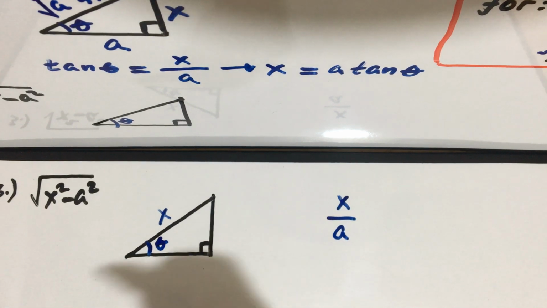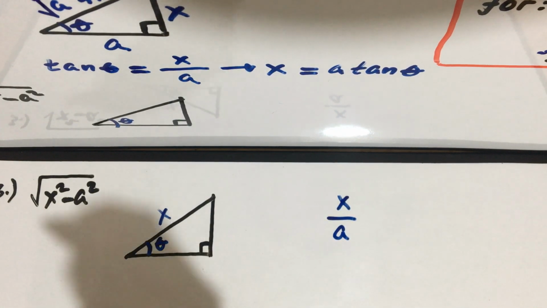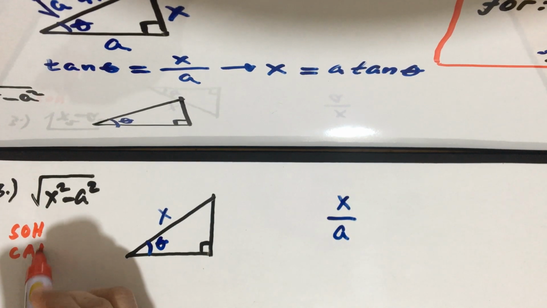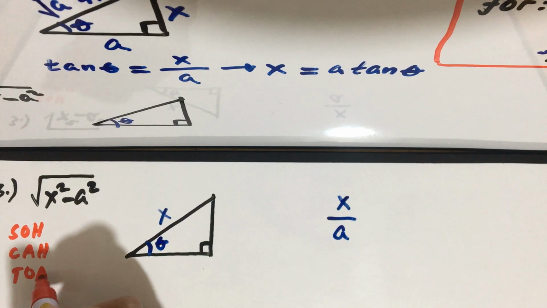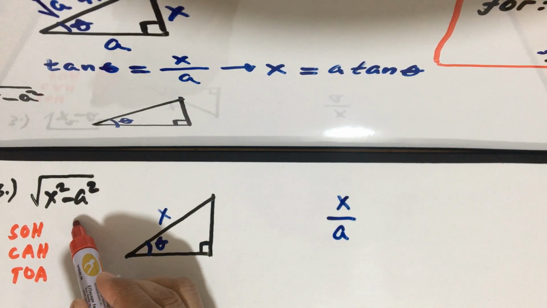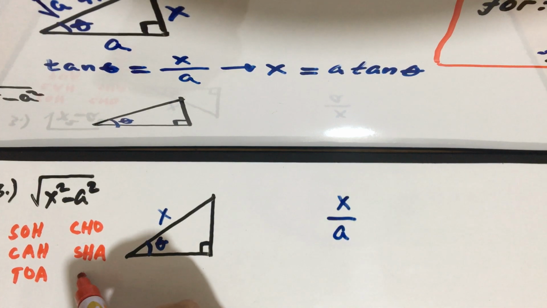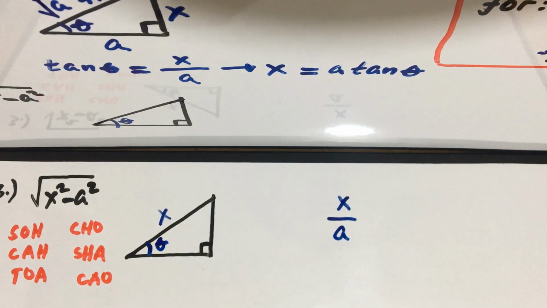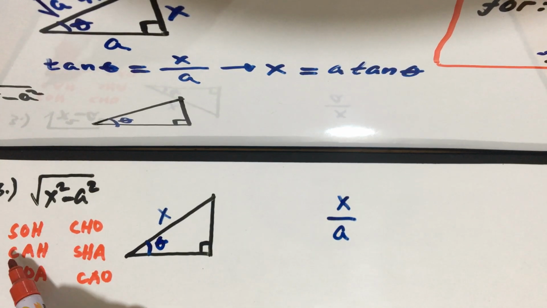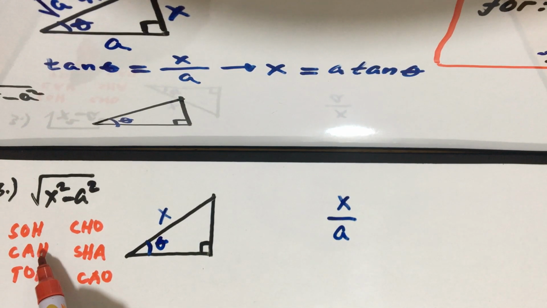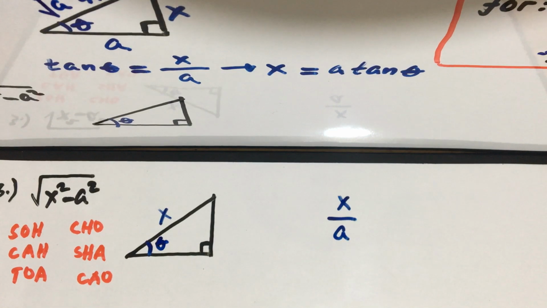When we speak of secant, from our definition, its co-function is cosine. So cosine is adjacent over hypotenuse, and its co-function, secant, is hypotenuse over adjacent.